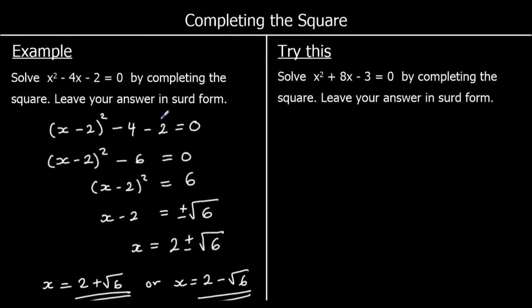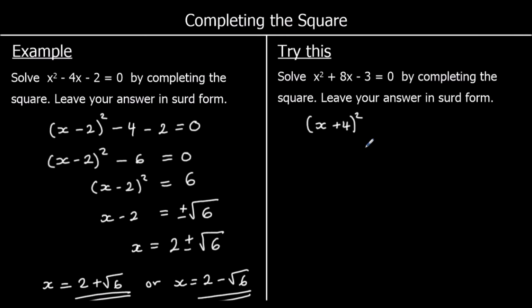Okay, one for you to try. So give this one a go. So x squared plus 8x minus 3 equals 0. We're going to complete the square. So half our middle number, half the 8, which will be 4. So (x plus 4) squared.